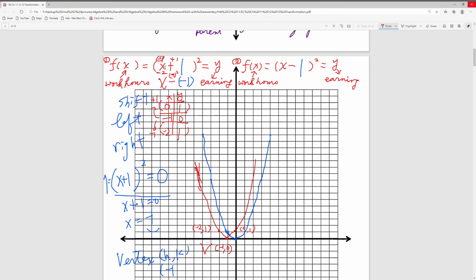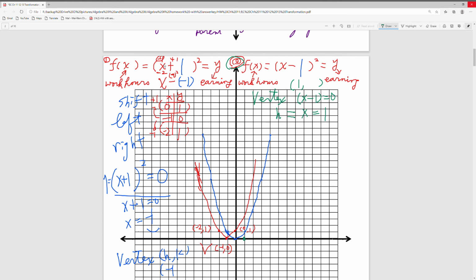So this goes to number 2. Similar. Let me choose another color, green, for number 2. So for the vertex, you try x minus 1 equals 0, so x equals 1. Or you can just think about the formula. The number with x minus is 1, so h equals 1.